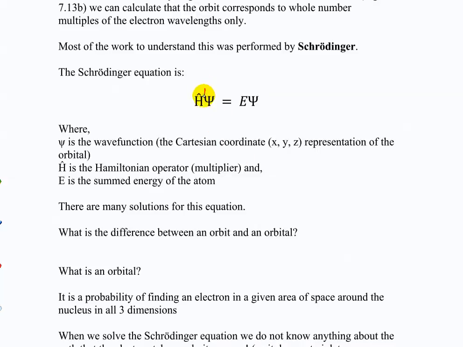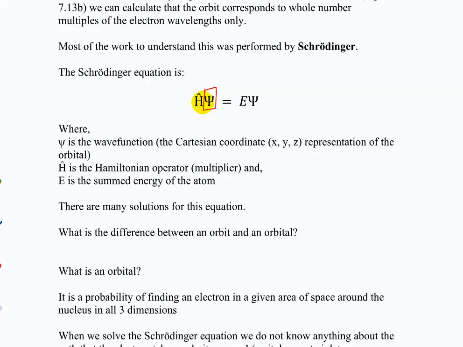But this thing, psi, is called a wave function. And the wave function represents how the electron is moving in space, in the Cartesian or polar coordinates.